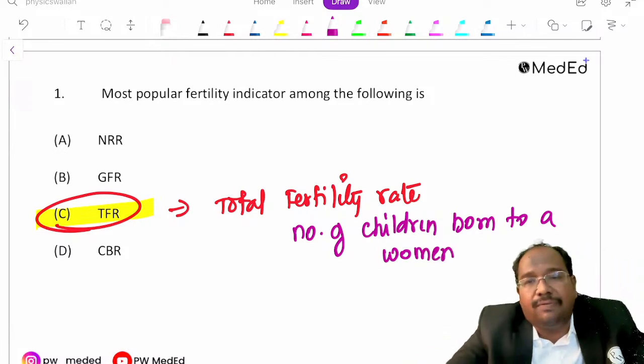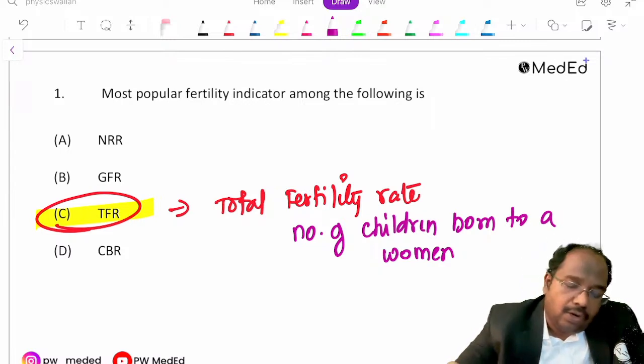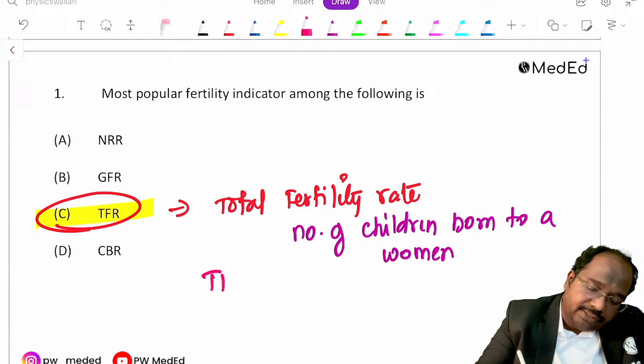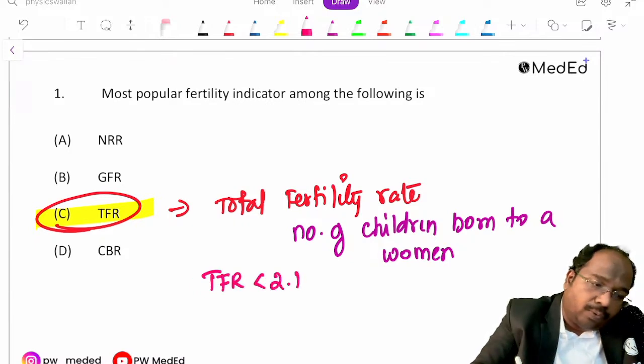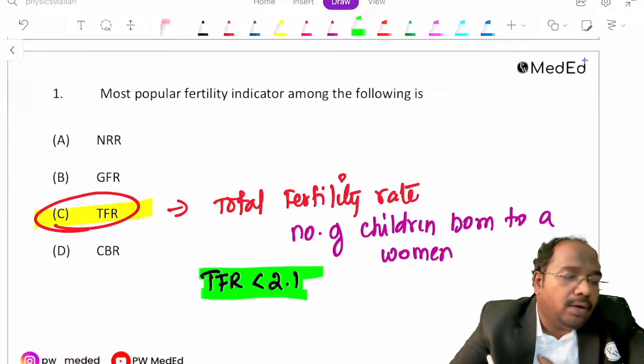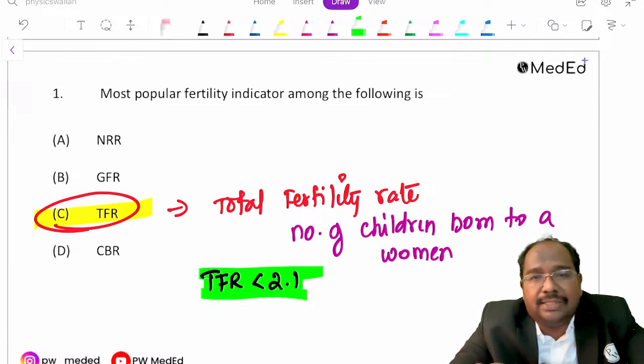Our target for TFR is less than 2.1, and India has actually achieved it.